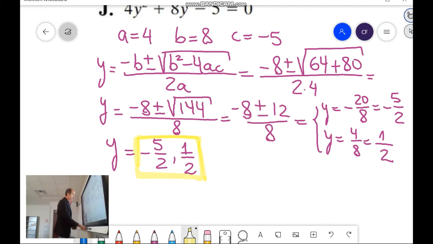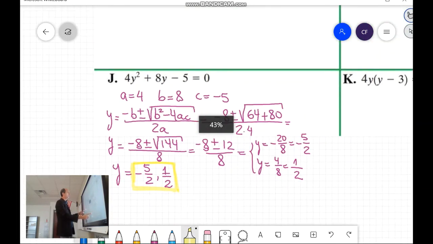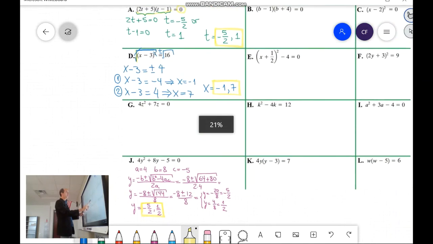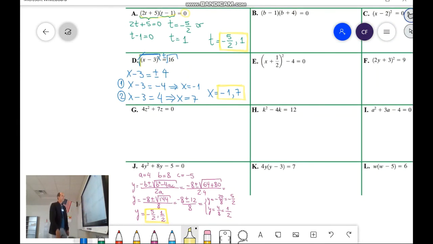Today I'm not sharing all the answers, just these few questions, examples A, D, and J. If you need to check the answers of the other questions, use the Photomath app. Click on the Photomath app, take a picture of the equation that you are working on.